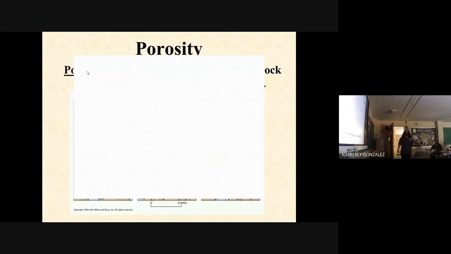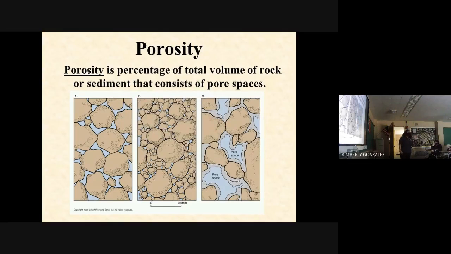All right, picture. Let's talk about porosity. The typical definition for porosity is the percentage of total volume of rock or sediment that consists of pore spaces. So how big are the pores, basically?